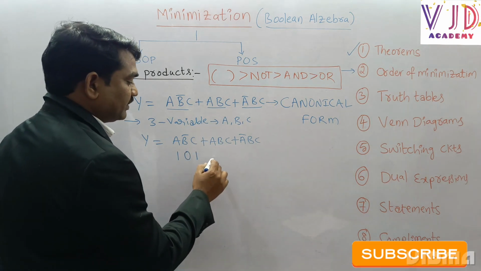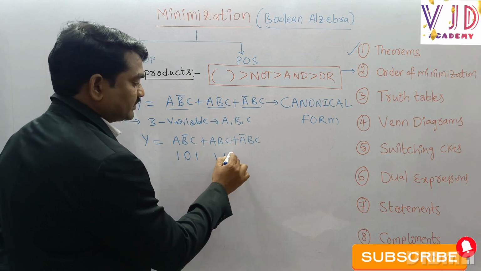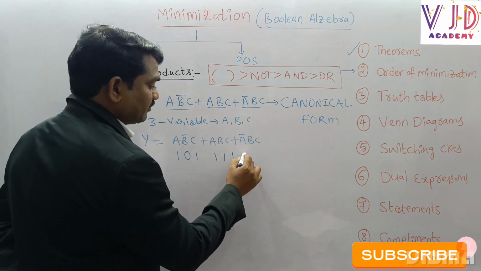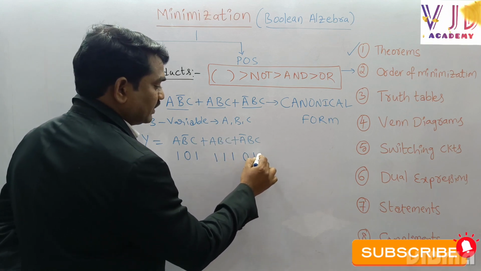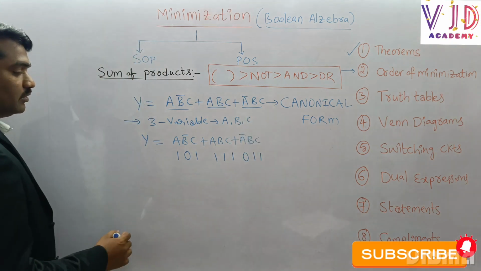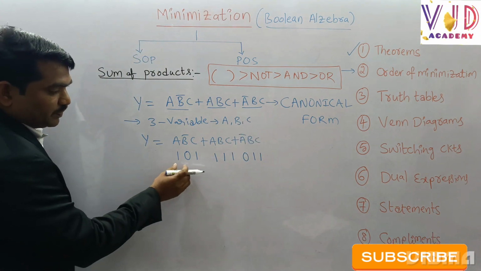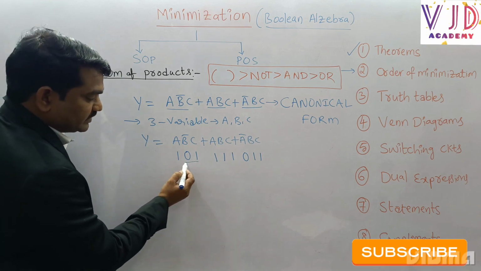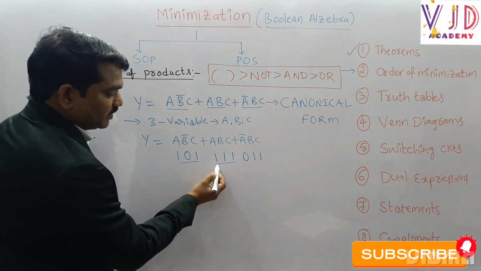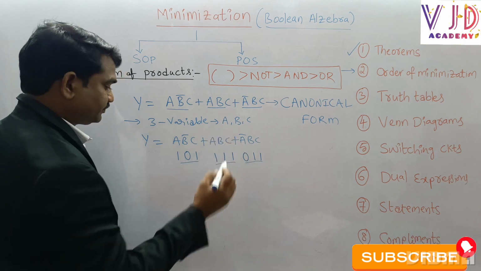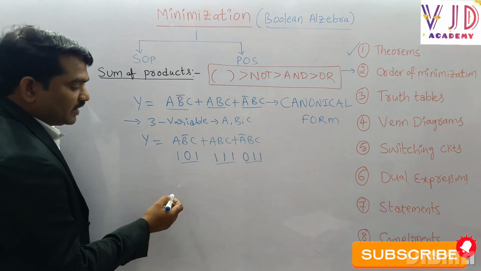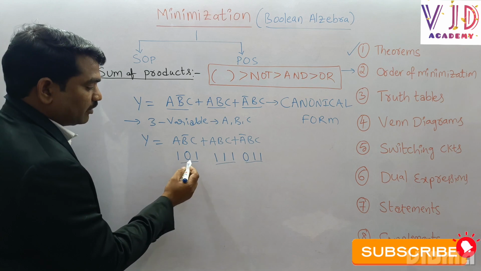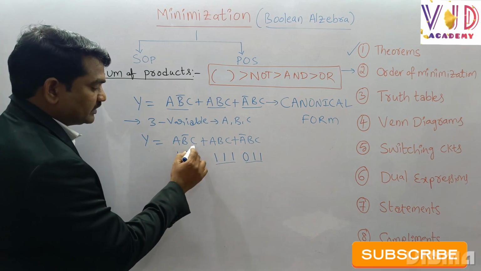Here a is 1, b is 1, c is 1, and a bar will be 0, and then b is 1, and finally c is 1. So to represent all these binary data, this is 101 and then 111 and 011. We know the binary equivalent value according to 8421 code.